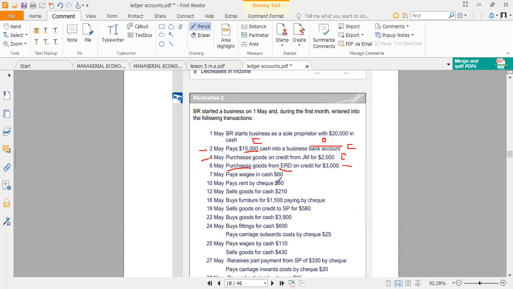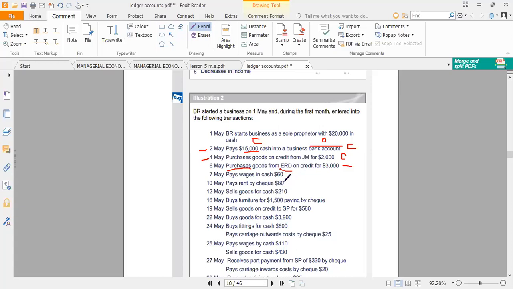Pays rent by check. So rent is an expense. And then the check, you also have to have a bank account, yes. It goes to the bank. So what are we doing to the bank?